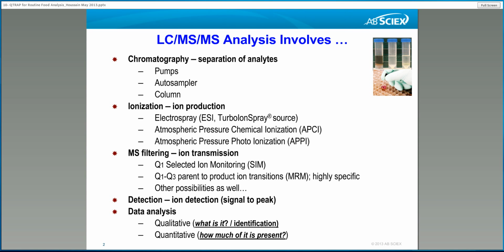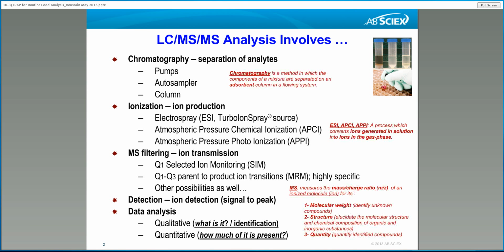Then detection of the ions formed, and then the data analysis, which is by far the most important part of any LC-MS analysis. Either qualitative, to know what you have found in the sample analyzed, and most of the time you also want to quantify what you have found and what you have confirmed using the QTRAP technology.